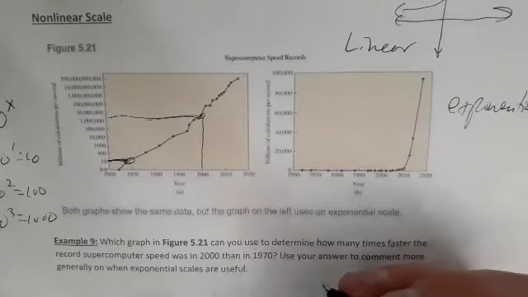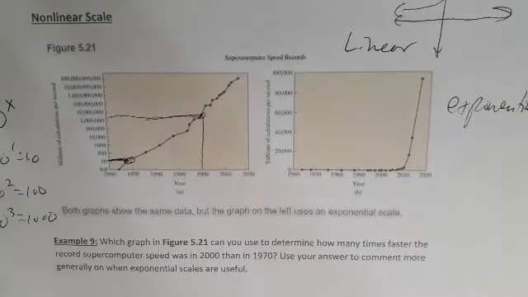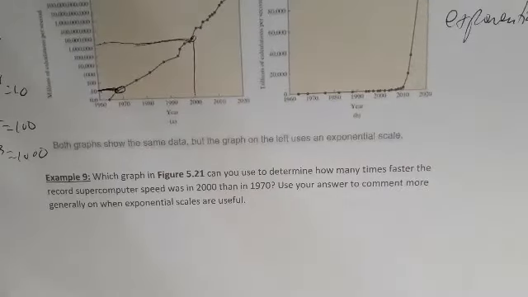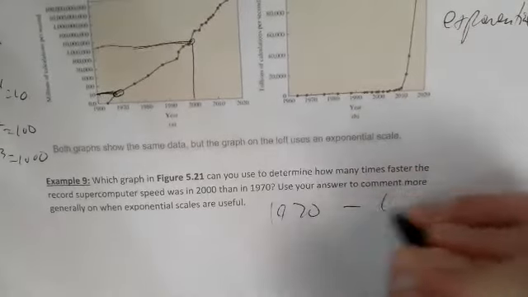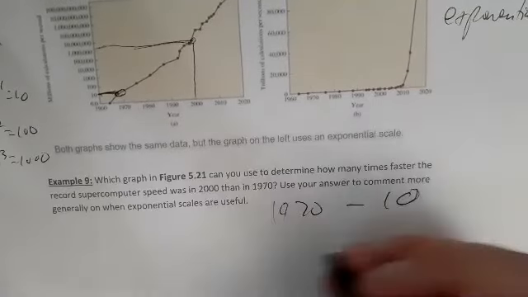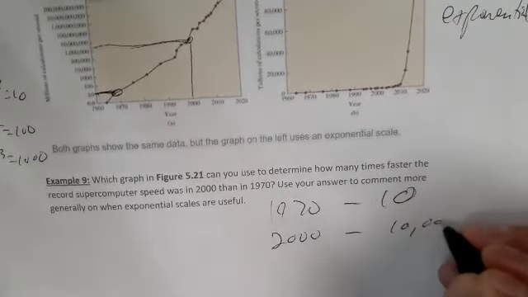It looks like it's around 10 million. So in 1970, we get about 10, and in 2000, it looks like it's about 10 million.